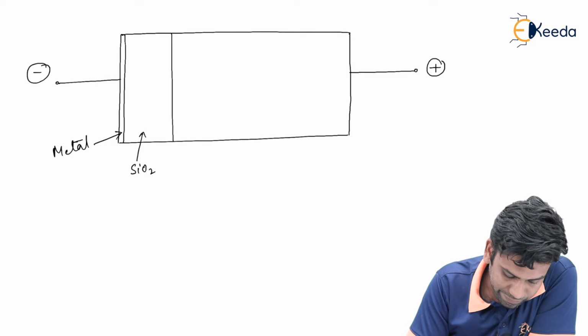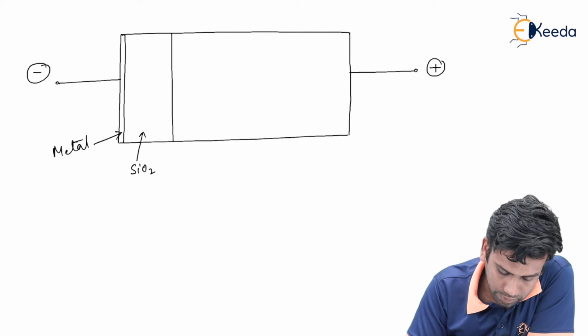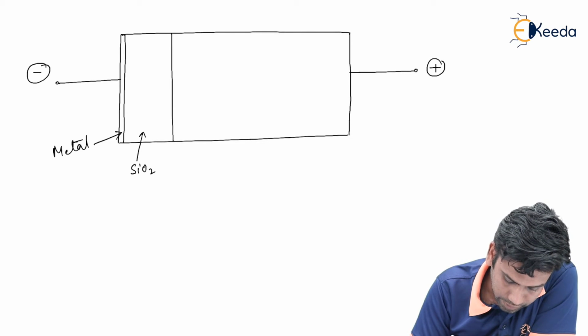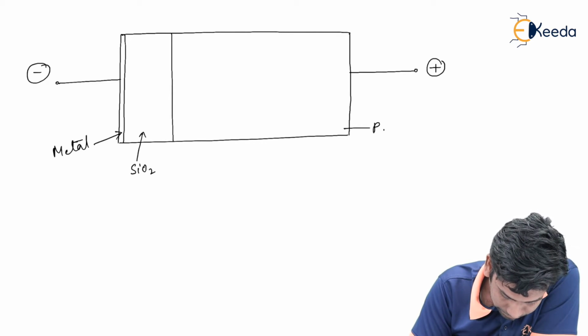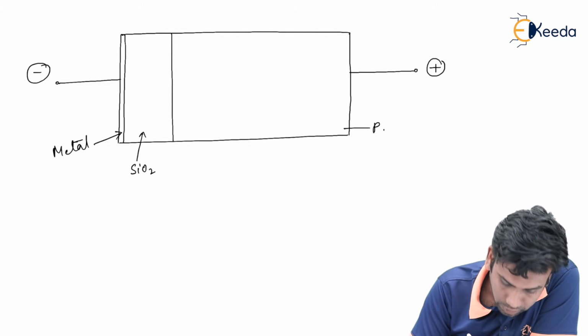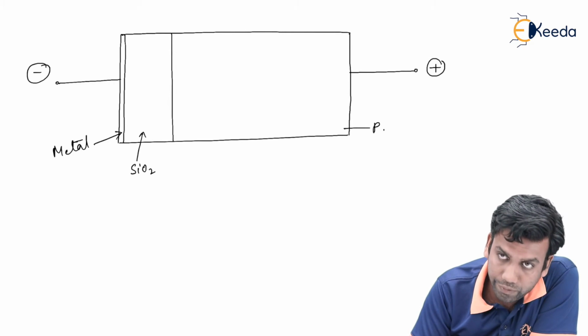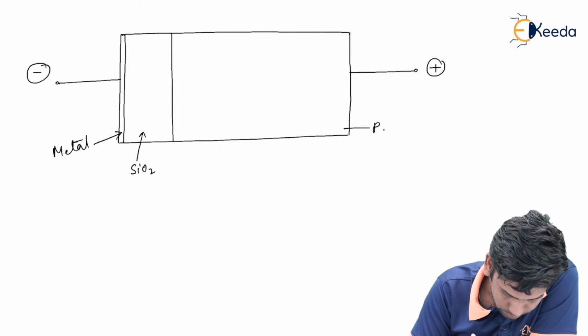Now before applying this potential, we know that this is a p type material, so the Fermi level or the band diagram before applying this potential will look like this.